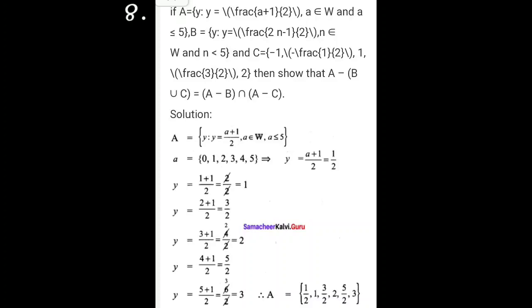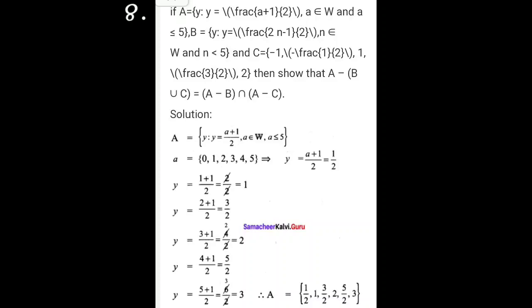Put a is equal to 0, y is equal to (0 plus 1) divided by 2, we get 1 by 2. Put a is equal to 1, y is equal to (1 plus 1) divided by 2 is equal to 2 divided by 2, we get 1. Then put a is equal to 2, y is equal to (2 plus 1) divided by 2, we get 3 by 2.